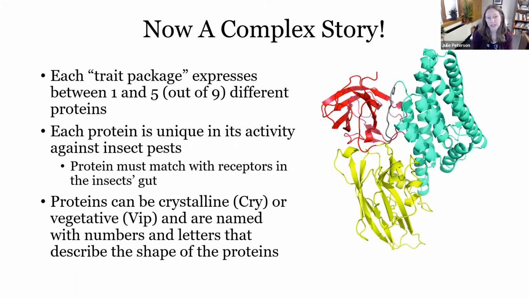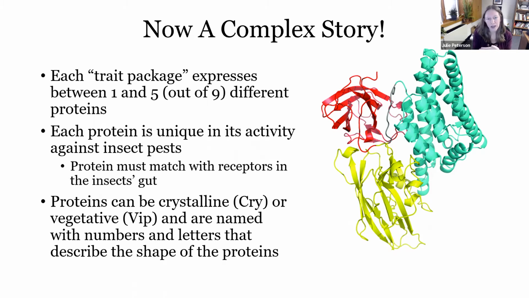These BT proteins can be crystalline proteins or cry. If you've heard that in the name of the protein before, that's how that cry gets its name. Or they can be vegetative proteins, and that's how that VIP gets its name. Vegetative insecticidal protein is what that stands for. That just refers to the way the protein is made when it was in that bacteria.